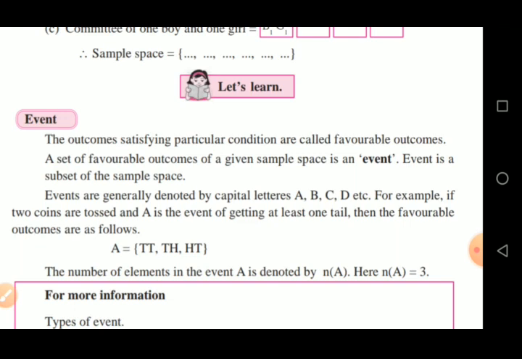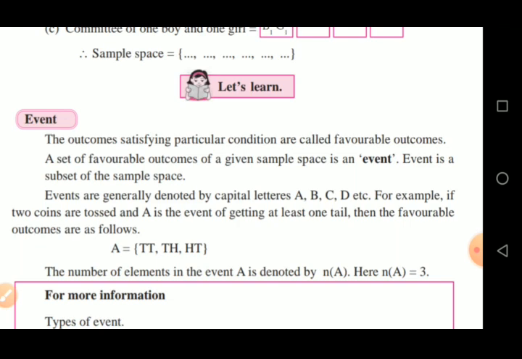Minimum how many are necessary? Minimum one tail. The limit is not for the maximum, the limit is for the minimum. The meaning of at least is minimum. Now collect the results in which at least one tail is there.